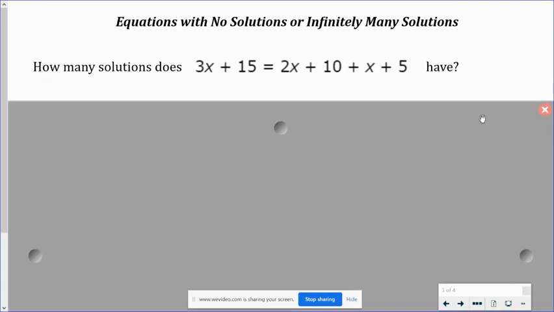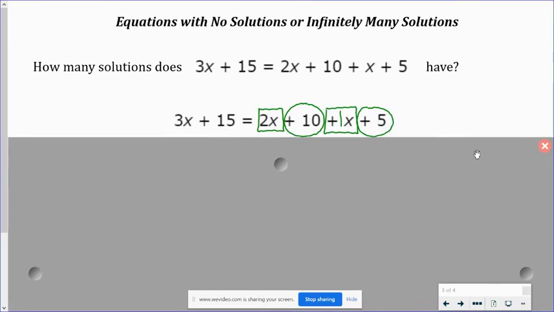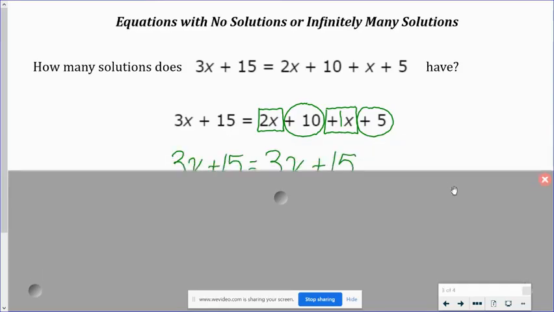So right away, we know that before we can solve for x, we need to combine like terms. Once again, if you have x, that's equivalent to 1x. 2x's plus 1x is a total of 3x's. 10 and 5 is a total of 15.